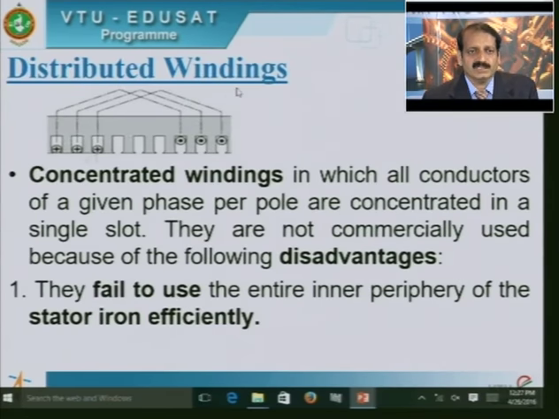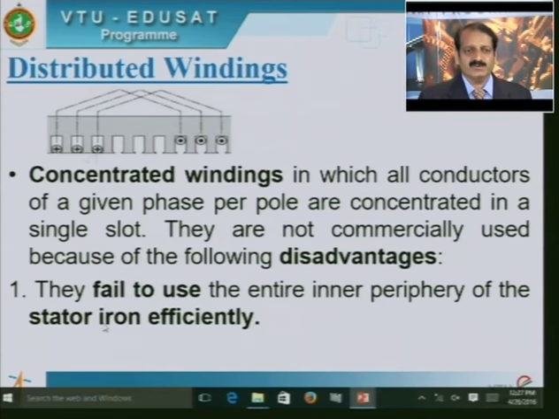With the distributed windings, then what about concentrated windings? What happens to the harmonics with respect to concentrated windings? In concentrated windings, all the conductors of a given phase per pole are concentrated in a single slot, as discussed earlier. They are not commercially used because of the following disadvantages.